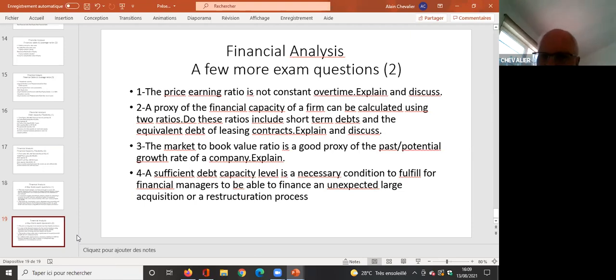And that means the CFO should be ready to find the financial resources needed in a very short period of time. How to find these resources? The first possibility is to get the resources in the firm, to get excess cash.